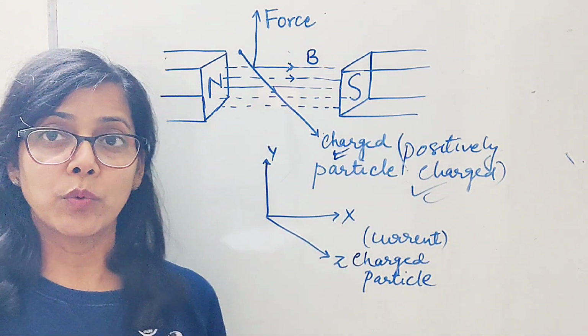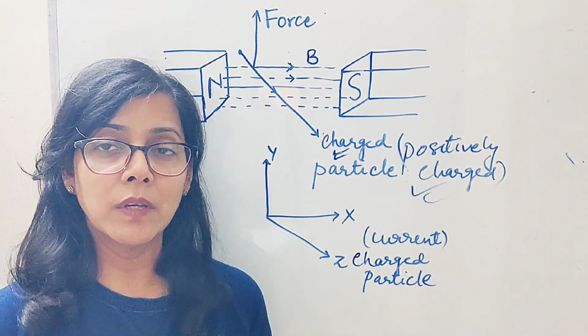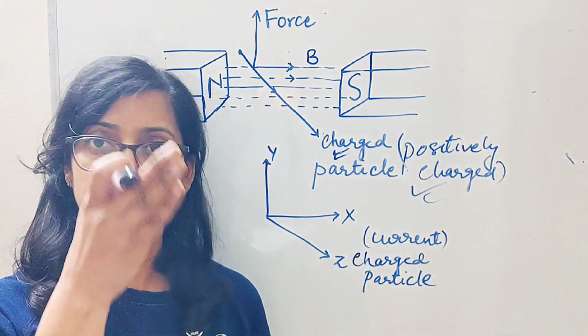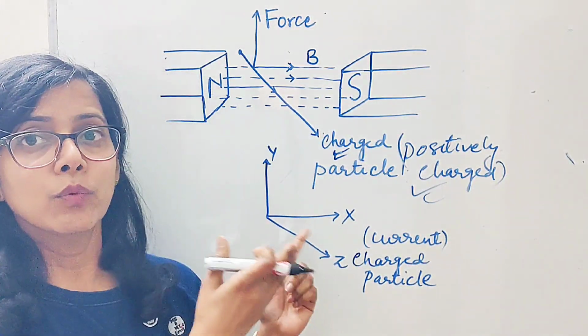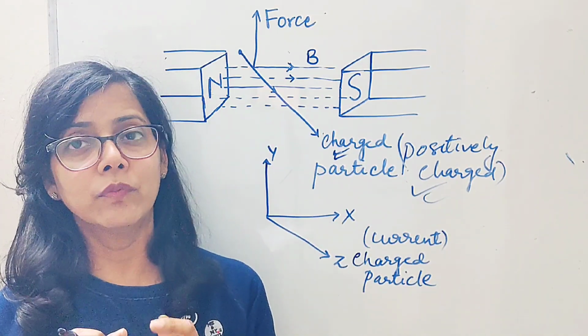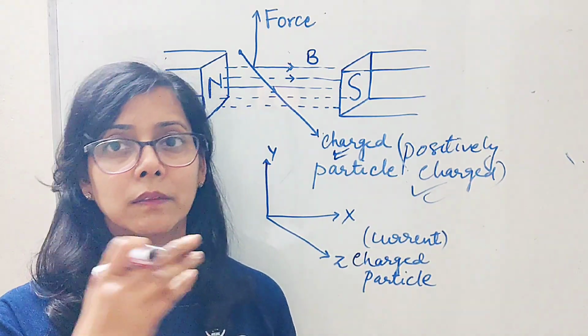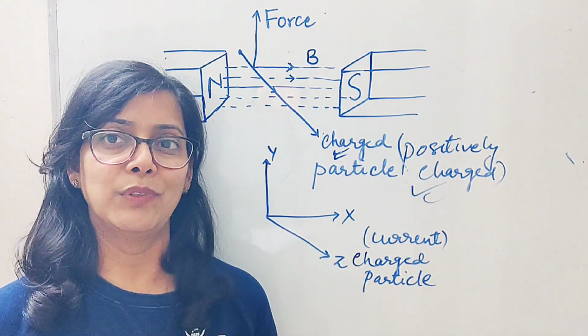Okay, so if this question comes in your exam, if this is in 2 or 3 marks, you have to write down Fleming's left hand rule first and then you will tell that this is the positively charged particle. And if this is an MCQ, then you can easily mark this answer, that this is a positively charged particle.